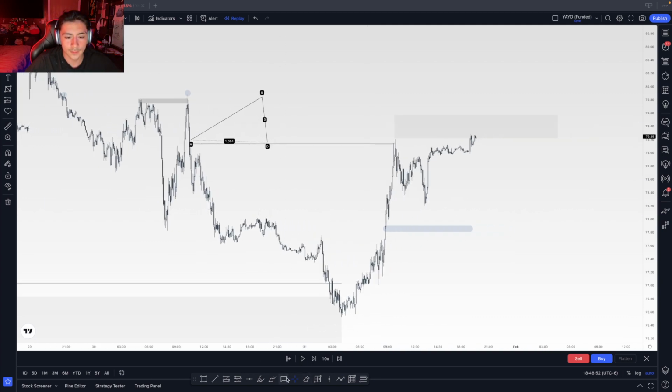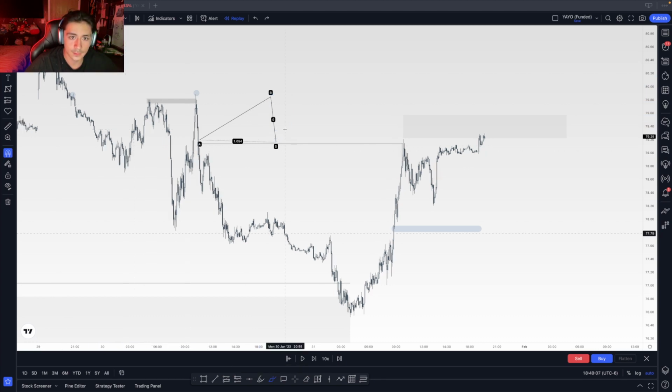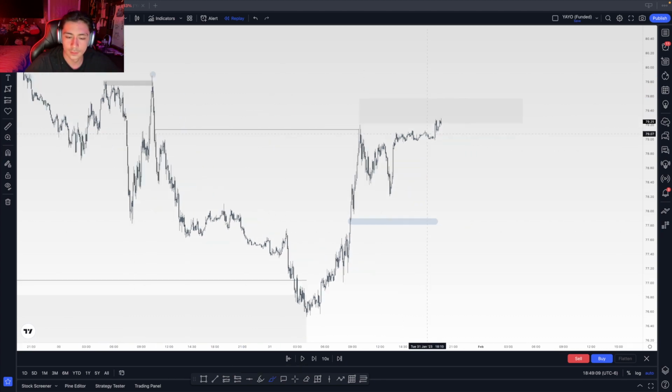This is protected. From here to here is where we'll get our offloading, because everything here is protected by order flow. So let's see if that theory holds true.